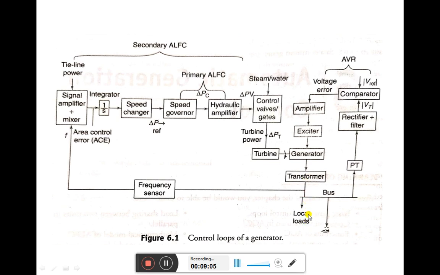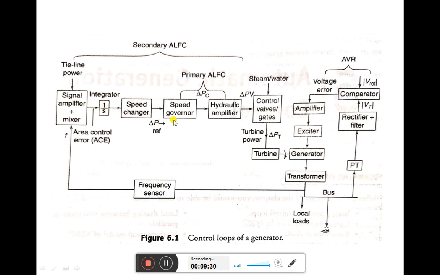So in order to match that, we need to generate more to fulfill the increased load requirement, and for generating more, the input to the generator must also be more. And what is the input to the generator? It is coming from the turbine. So this turbine, which is giving input to the generator, we are controlling using this speed governor.